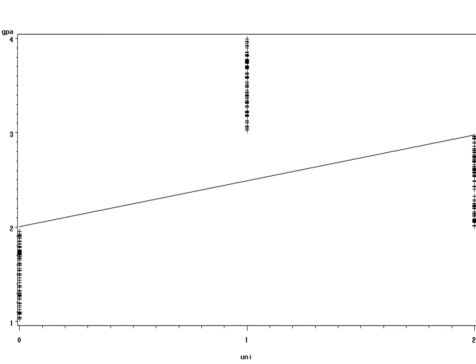Where do we go wrong? Well, we went wrong by trying to fit a line to something that's not necessarily linear, right? Now, you might astutely argue that we could recode again, right? And try to recode them. If we switched universities 1 and 2, it does look like a line might fit the data a little bit better, doesn't it?